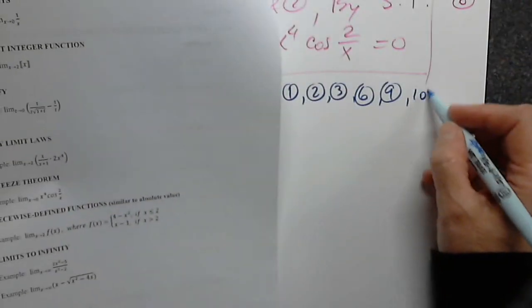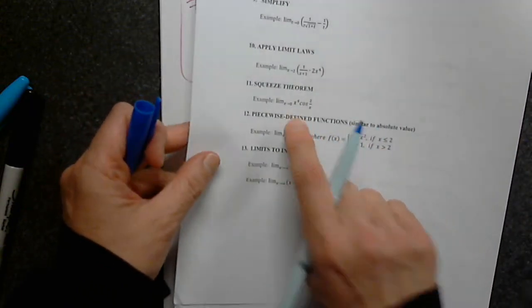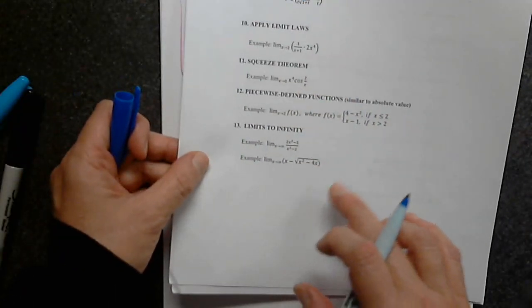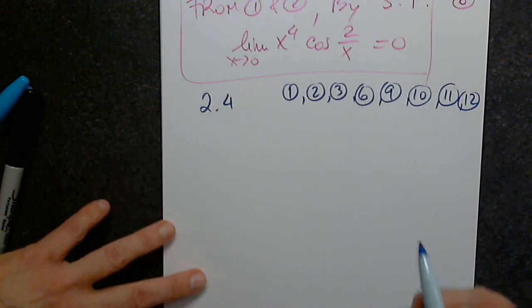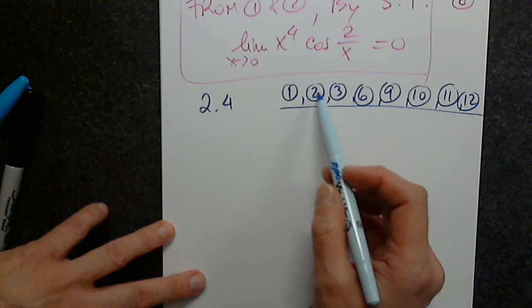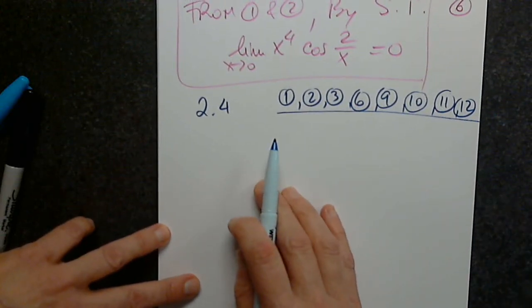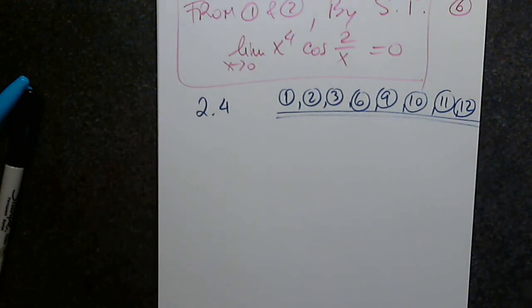You can do number 10, we just did this together. You can do number 11, it's just this a minute ago. You can also do number 12. The rest not yet, because we did not get to those yet. Okay, so from the handout, 1, 2, 3, 6, 9, 10, 11, 12. And please ask questions on Monday if you think that anything needs addressing.